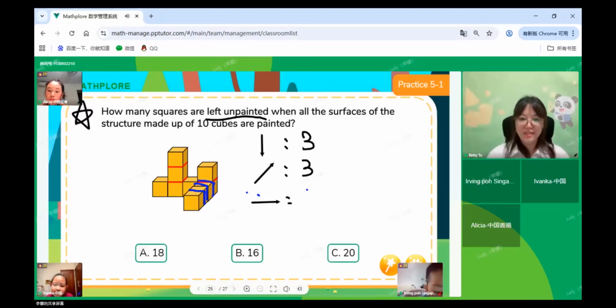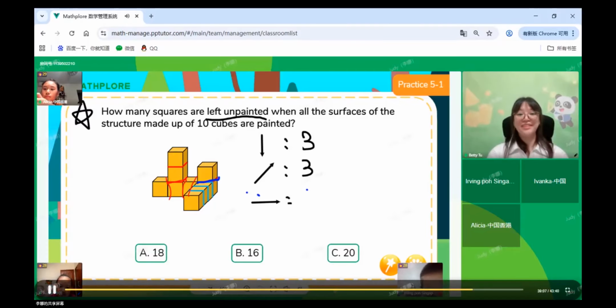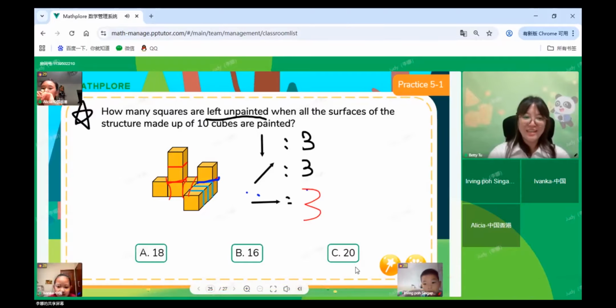Left to right, 1, 2. Good, 3. Oh, good. But the 3 is not here. We do have 3, but 3 here. The green one. Good.